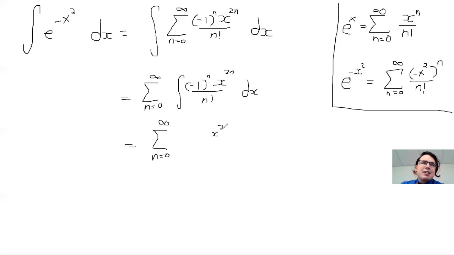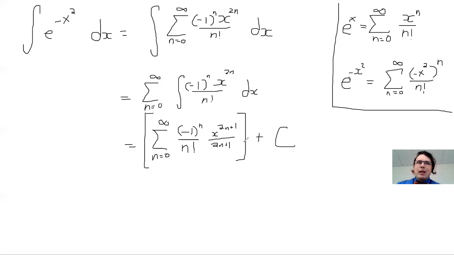So I now have x to the power 2n plus 1, all divided by 2n plus 1. The coefficient that I had out front before stays the same. -1 to the power n divided by n factorial. So this will be my summand in the power series. And again, I'll have a constant of integration outside of the summation, because this integral won't actually be able to produce constants on its own, even though power series are supposed to have a constant in them.